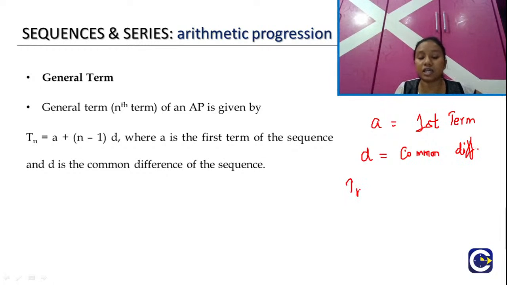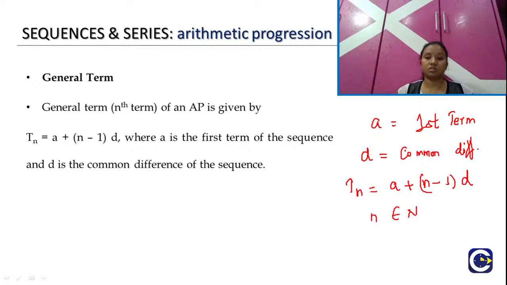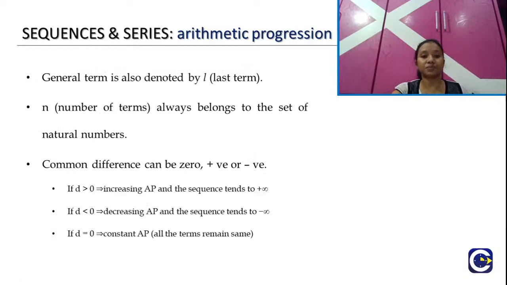And the other is the nth term, which is the general term of the arithmetic progression, given by A plus n minus 1 D, where n belongs to natural numbers. So using these three, we can write any sequence of the arithmetic progression. Right, so let's have a question here.